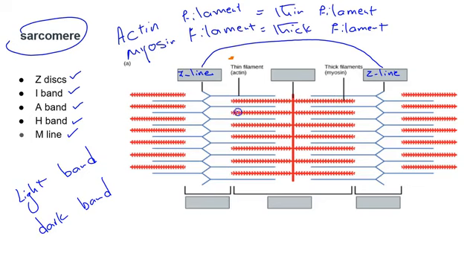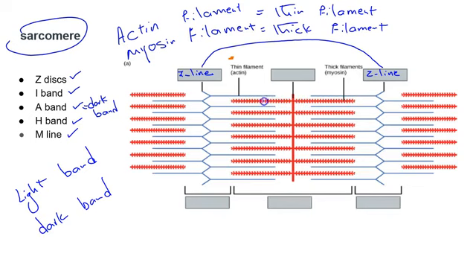Then we can find the region, the area, which is dark. The dark area is called the A band. So the A band would be our dark band or dark region, where myosin filaments are present. Where are the myosin filaments? Here you can find this red color.